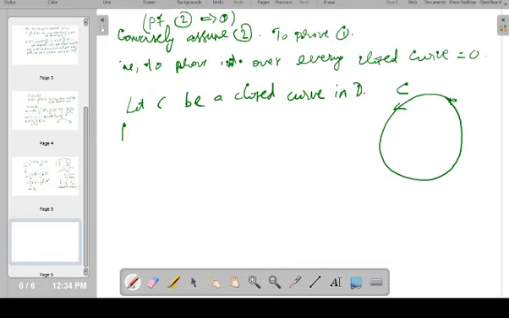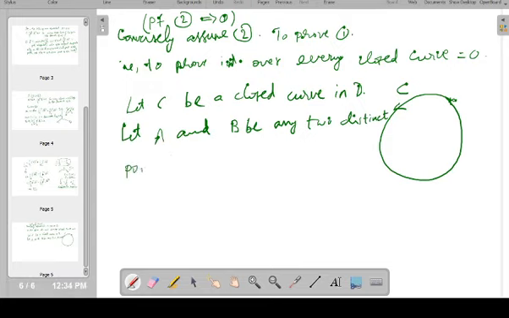Let A and B be any 2 distinct points lying in C. So let us say this is A and this is B. Call this portion C1, and B to A, this portion, that is your C2.